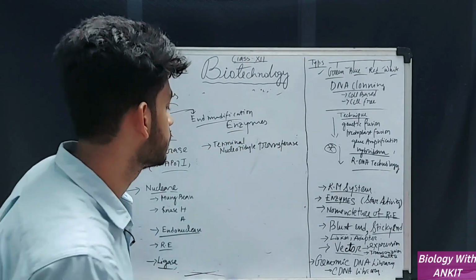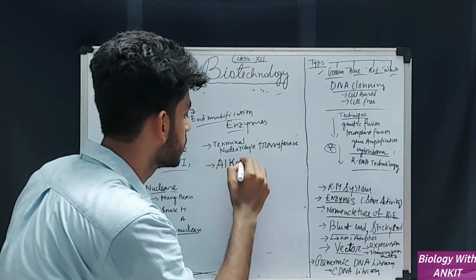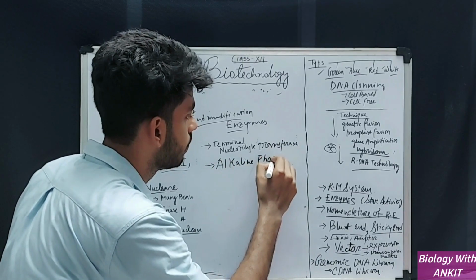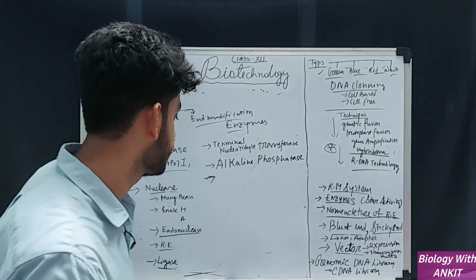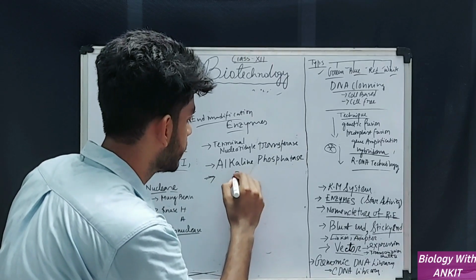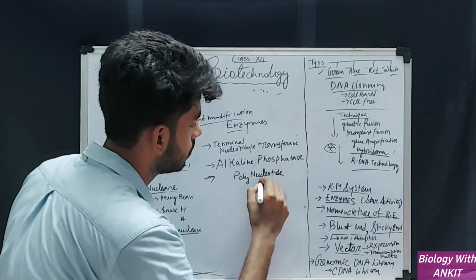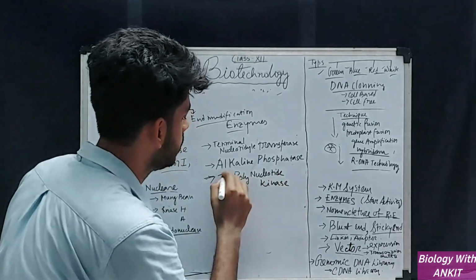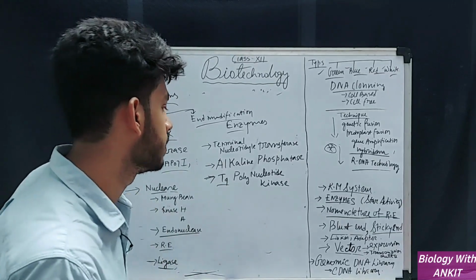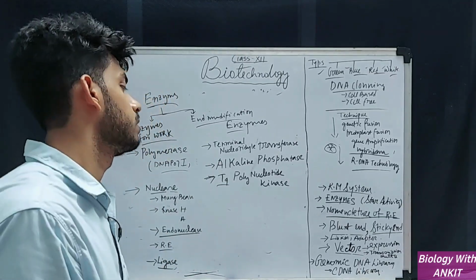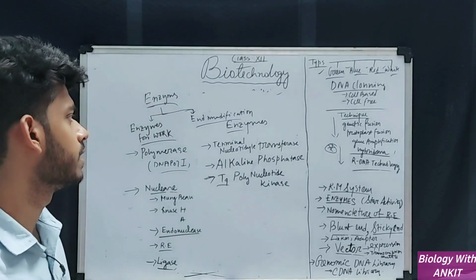There is alkaline phosphatase. There is polynucleotide kinase. It is usually T4 polynucleotide kinase. T4 is the bacteriophage from which it is obtained. Okay, and there are no more names. These are all the end modifying enzymes.